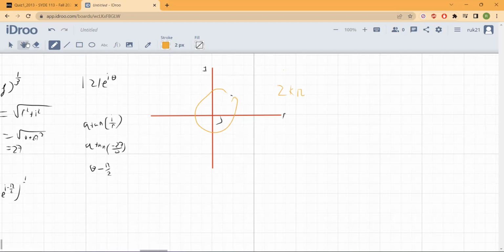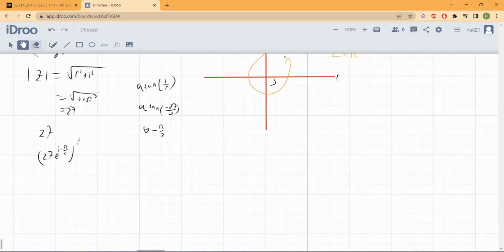And so that's why when we go back to our exponential form right over here, we are going to rewrite it like this. So 27 times e to the i negative pi over 2 plus 2k pi. And that just indicates that you can spin that angle 360 degrees. And all of this to the power of 1/3.